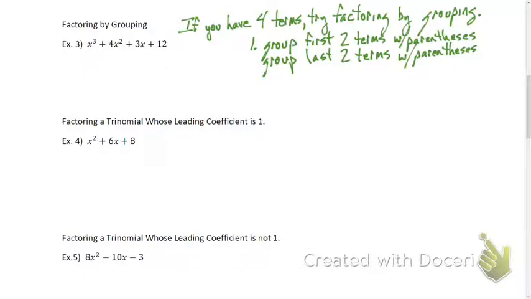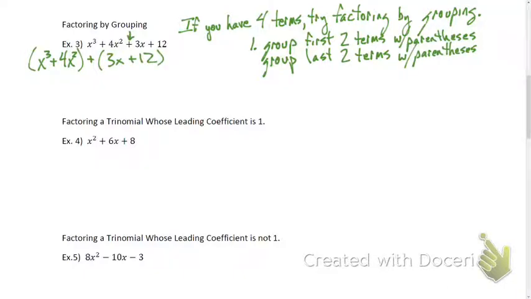I group the first 2, x cubed plus 4x squared. Notice there's a plus sign right here, so that plus sign has to stay there. So I write plus. And then I group the last 2. 3x plus 12.